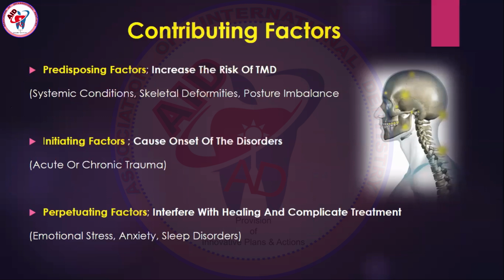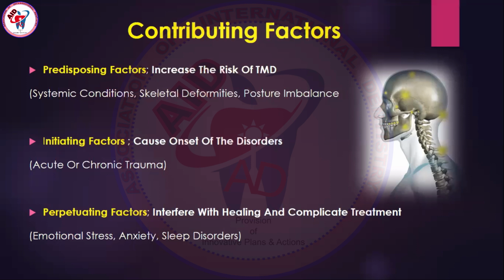Predisposing factors increase the risk of a TMD through systemic conditions, skeletal deformities, and posture imbalance. Then the initiating factors are the onset-causing factors like acute or chronic trauma. And precipitating factors interfere with healing and complicate the treatment.